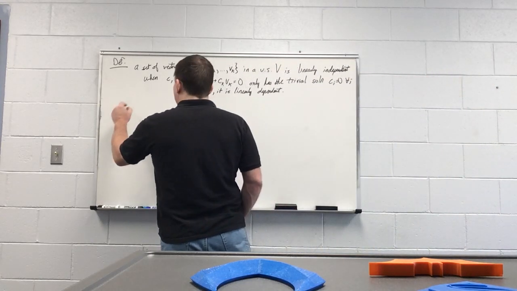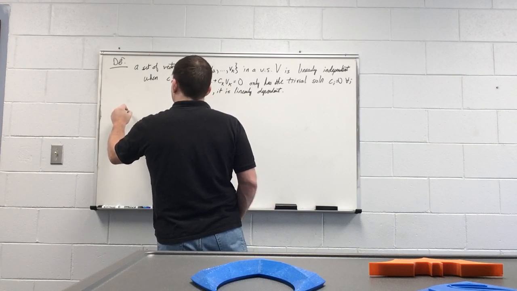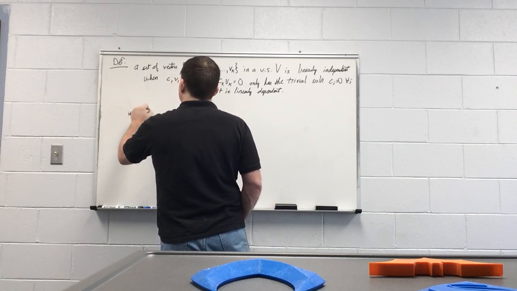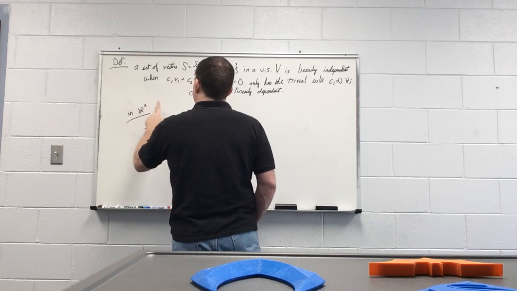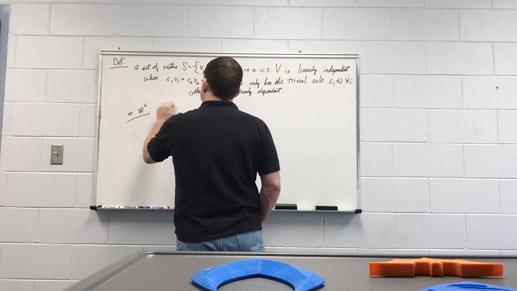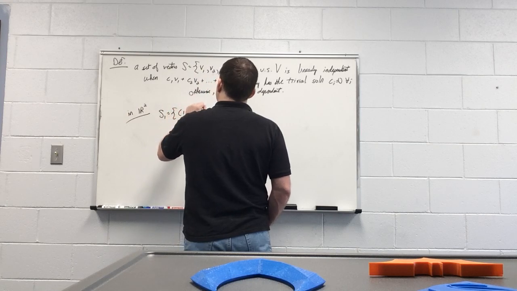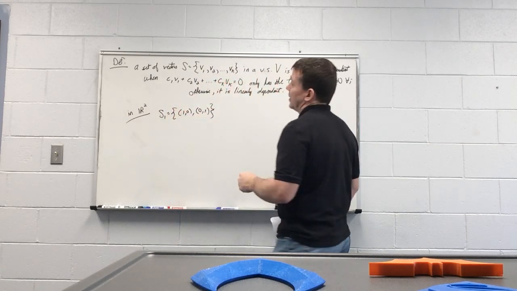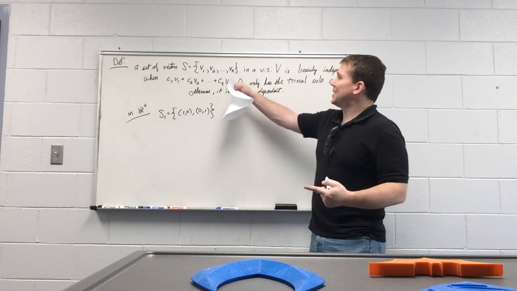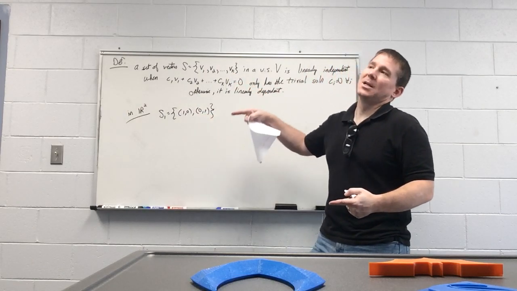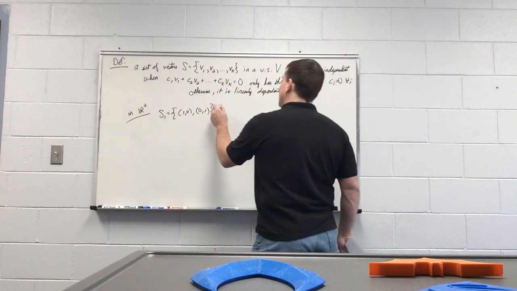So, going back to what we just said earlier, if we go back to R2, if I have S sub 1 equal to (1, 0), (0, 1), I know that this equation with those vectors will only have the trivial solution.